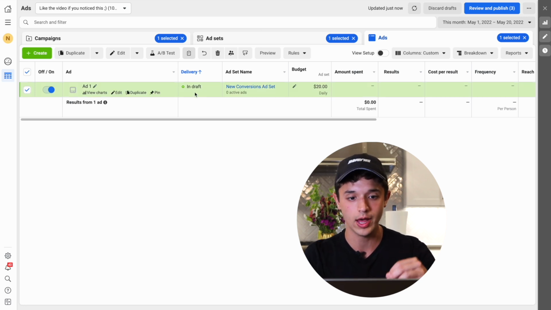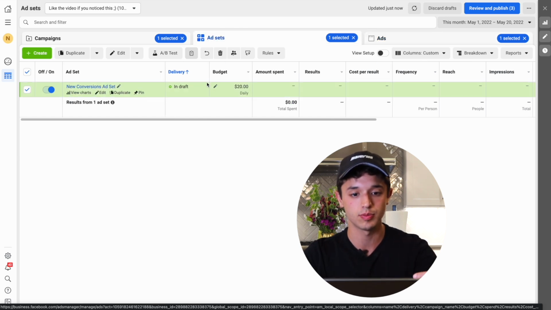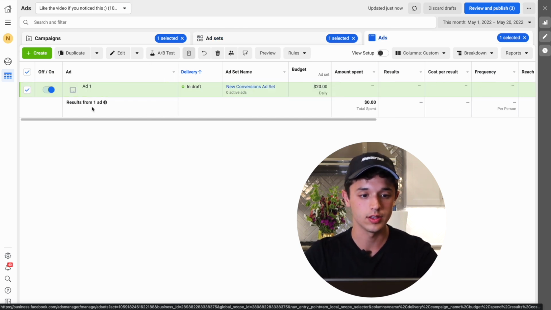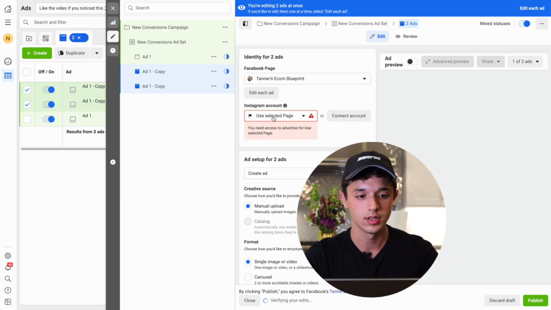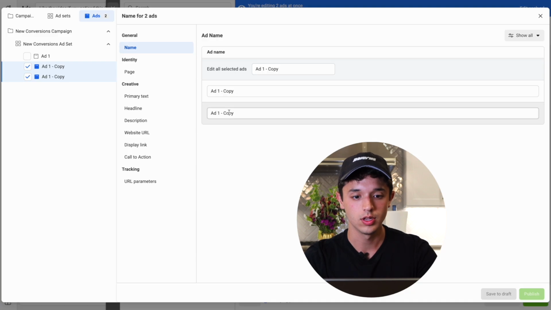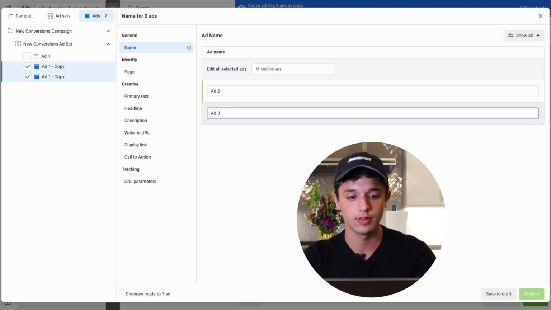What happens if you add multiple ad creatives under a single ad set is, if this is a budget of $20 per day, and let's say this is my ad set here, and I do 2 copies, so we're gonna have ad 1, ad 2, and then ad 3.